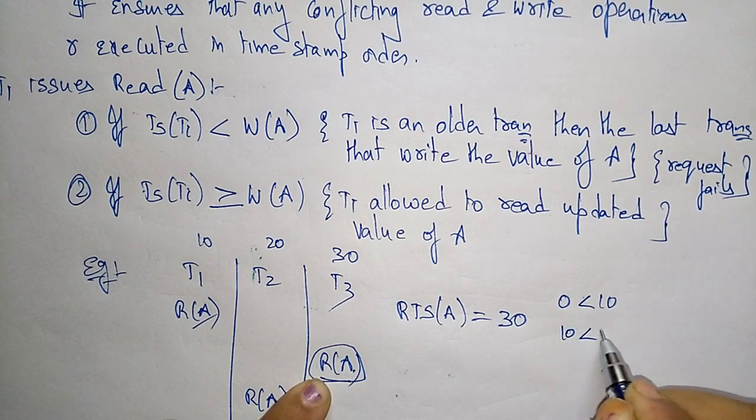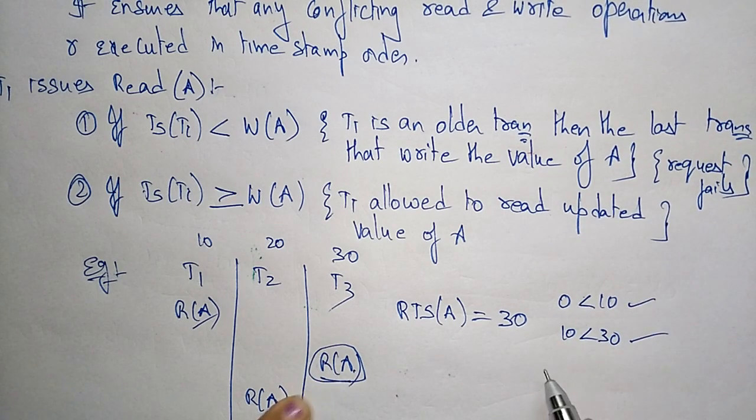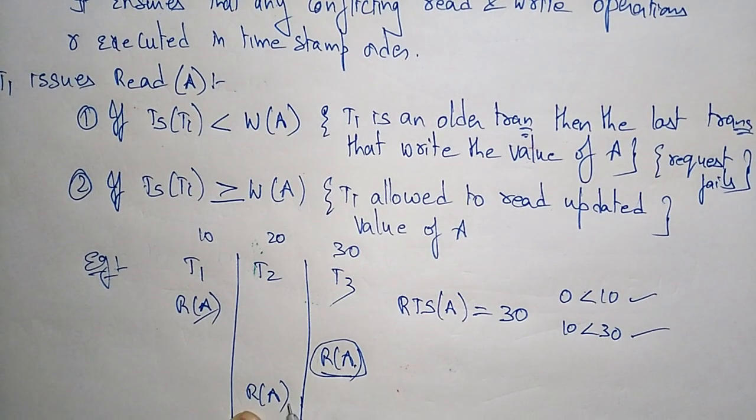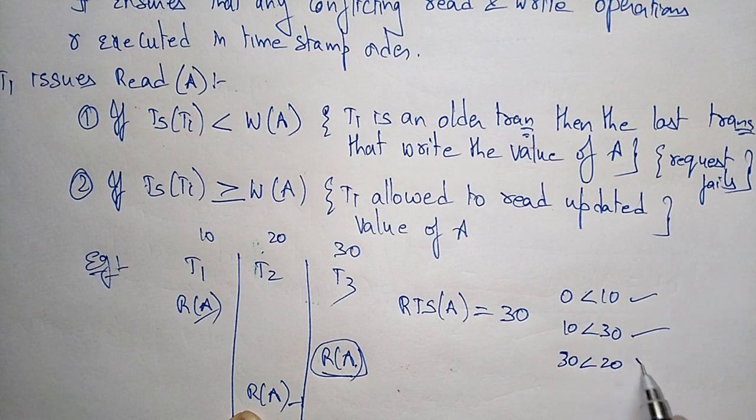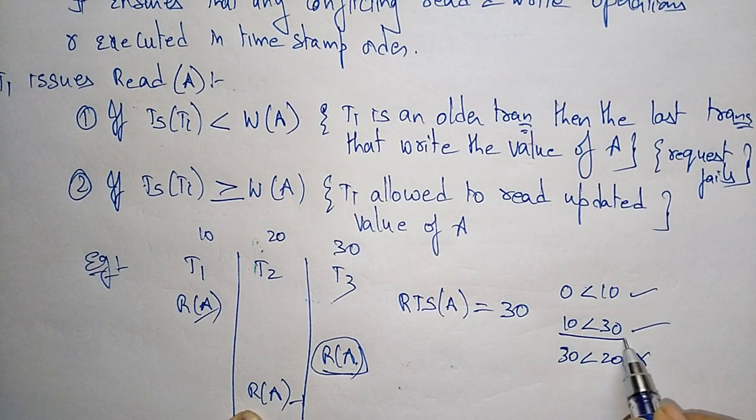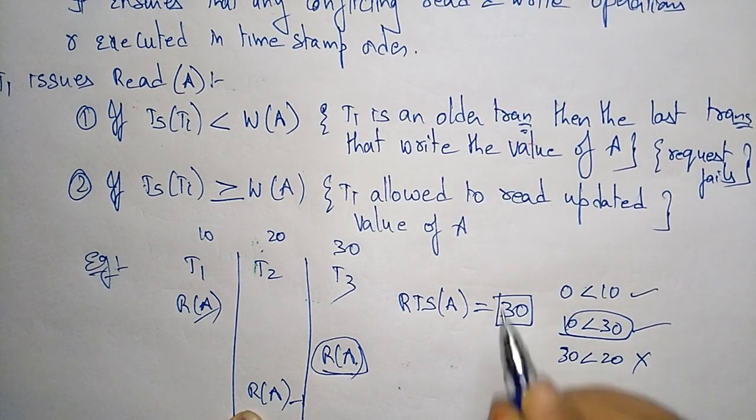The next transaction is T3. 10 is less than 30, so this is also okay. Next, a read operation is done in the T2 transaction. Here 30 is less than 20, so it fails, since the largest is 30.